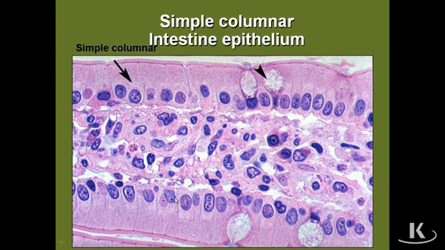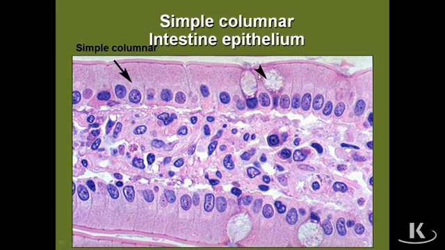This is an example of a simple columnar epithelium that's highly characteristic of much of the small and large intestine. But unlike the kidney simple cuboidal epithelium that we saw in the previous slide, this epithelium has many different cell types, two of which are illustrated on this particular micrograph, where much of the villus that comprises the small intestine, for example, is lined by an absorptive simple columnar epithelium with microvilli or a brush border, and that's shown at the arrow.